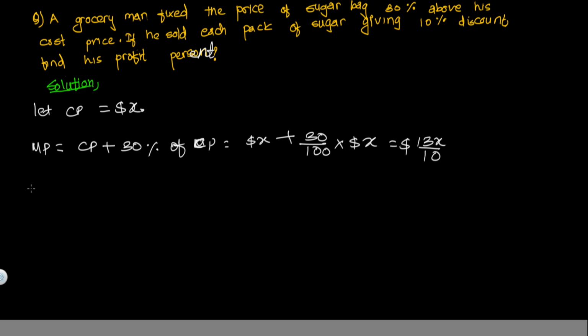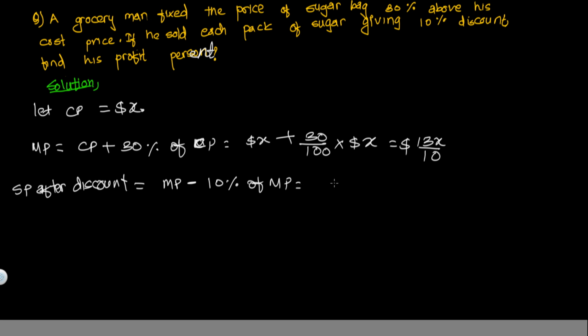So that's our mark price, but discount is given as 10%. So let us find SP after discount. Our SP after discount will be MP minus discount percent, which is 10% of our MP.